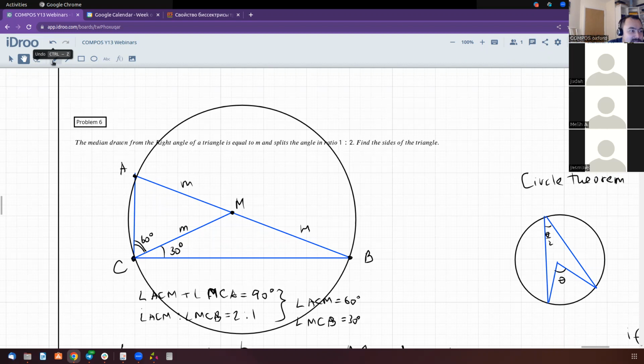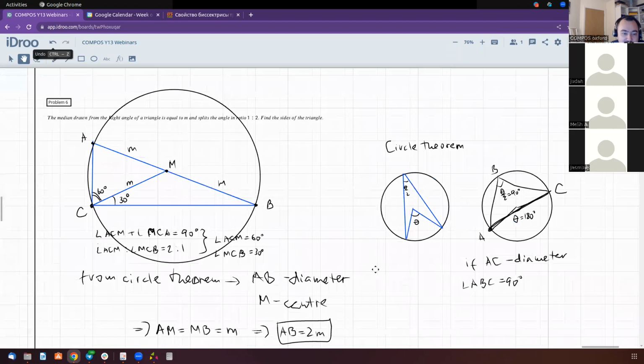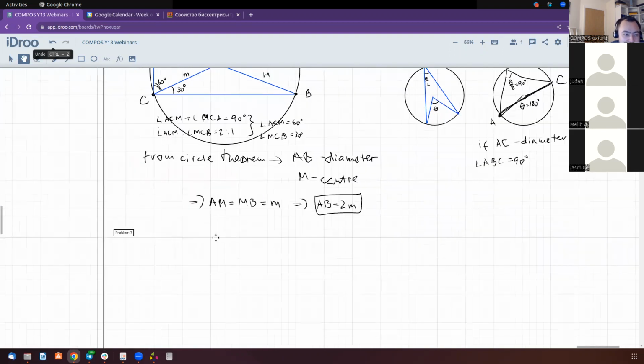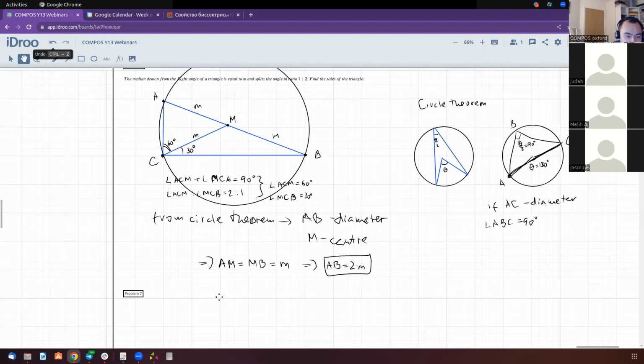And okay, this is 30. So if this is 30, and this is an isosceles triangle, triangle CMB is isosceles. Therefore, angle MBC is 30 degrees.